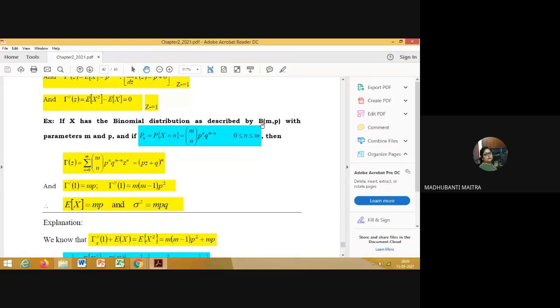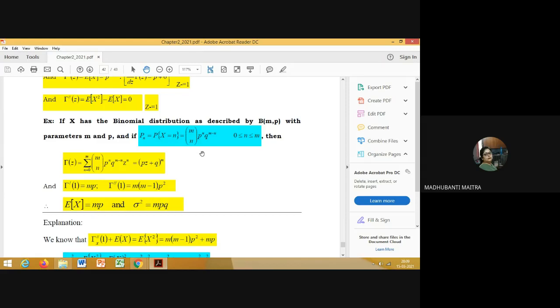So the binomial distribution function generally has two arguments. One is m, another is p, and it is described as Pn, that is probability x is equal to n, given by m choose n, p to the power n, q to the power m minus n, for this range.